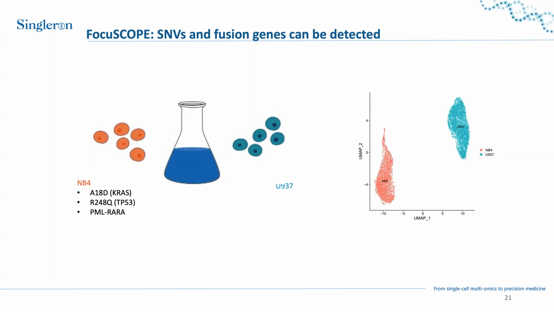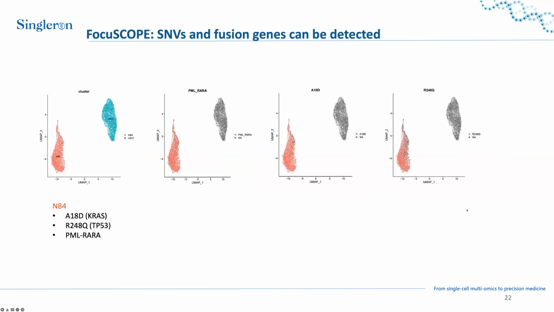Here you can see the UMAP of the cell lines clustering apart, and you can see that the two different mutations and the fusion gene are all detected, and again very specific for the cell line.